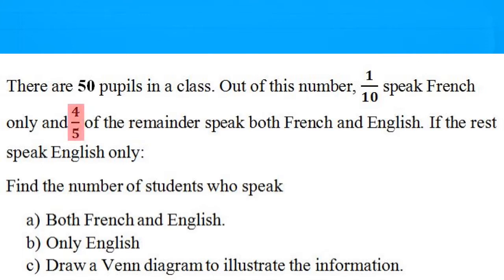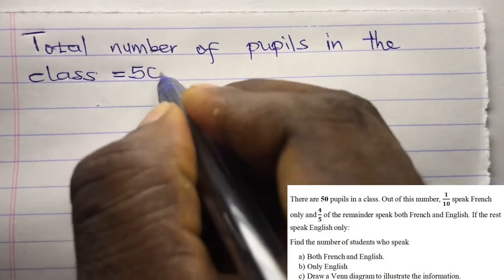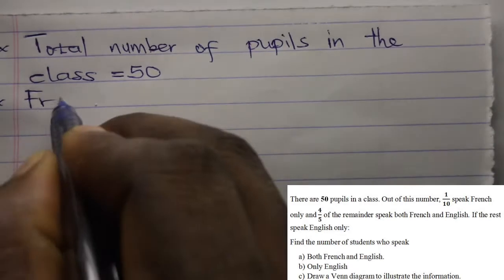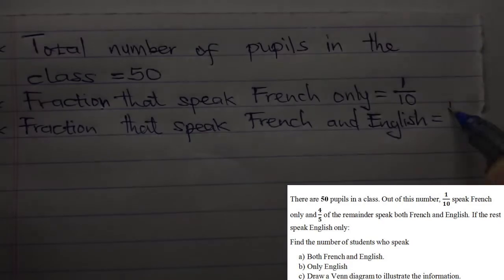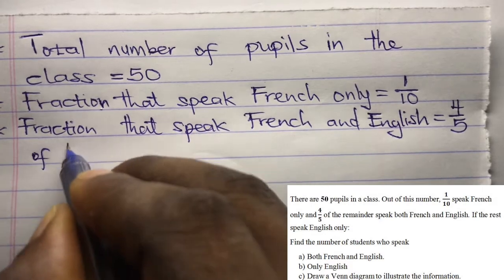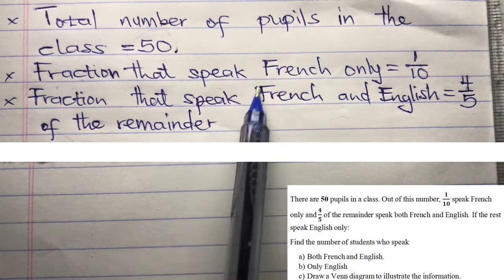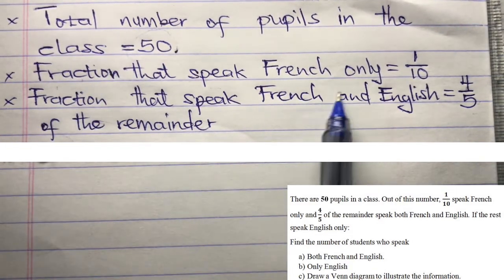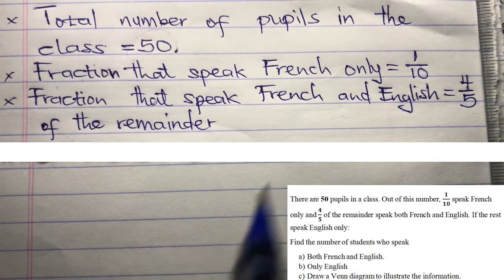So let's write that particular one down. So from here, we have the total number of pupils in the class, those who speak French only, and then those who speak both French and English, in fraction terms.